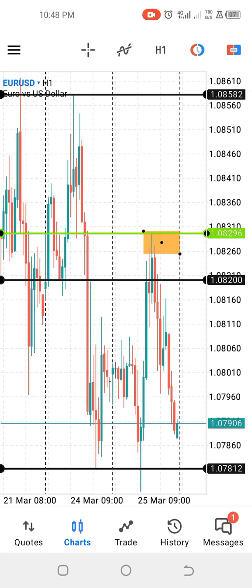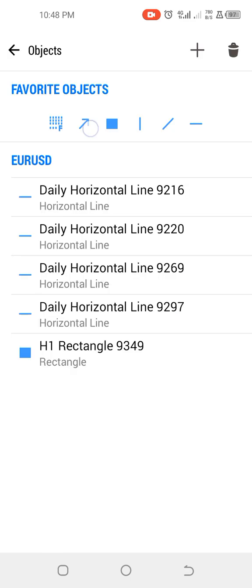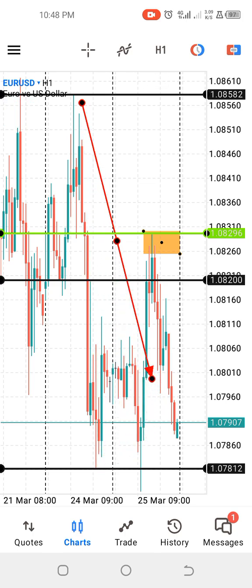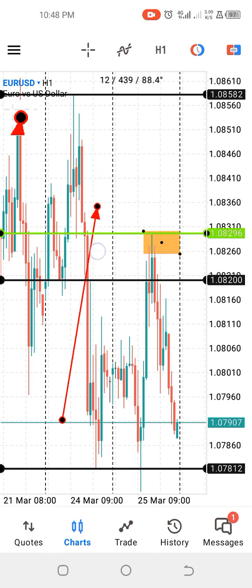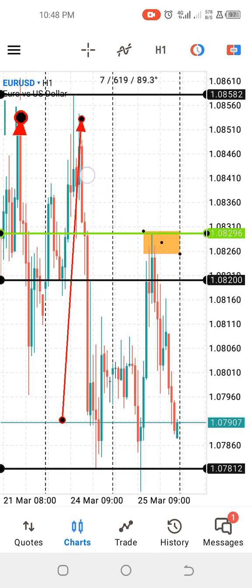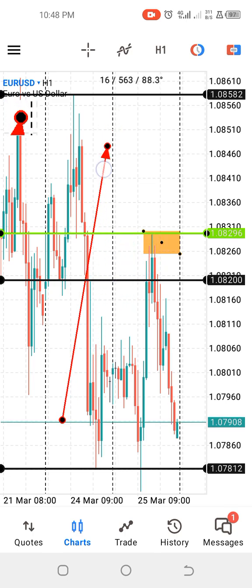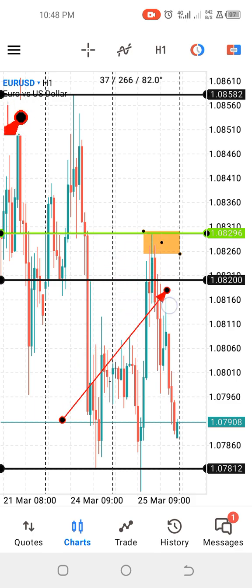As you can see, we had a very nice impulsive push to the downside yesterday. So today, what we are expected to do is look at the chart, draw a Fibonacci from the high of yesterday's candle to the low of yesterday's candle, and look for any PDRA above that 50%, which will be a good PDRA to take our sell position.